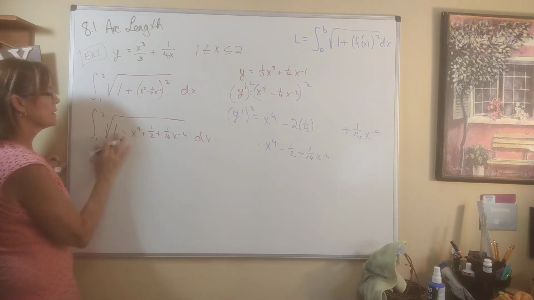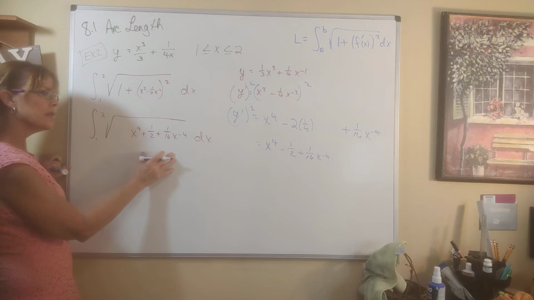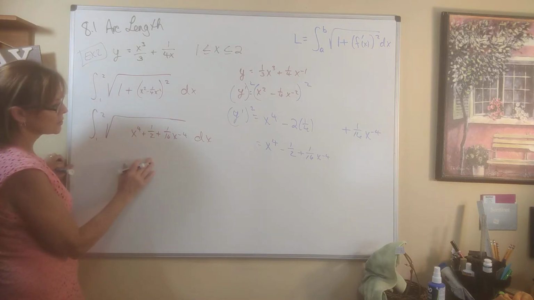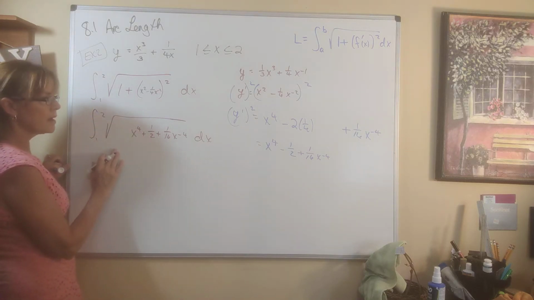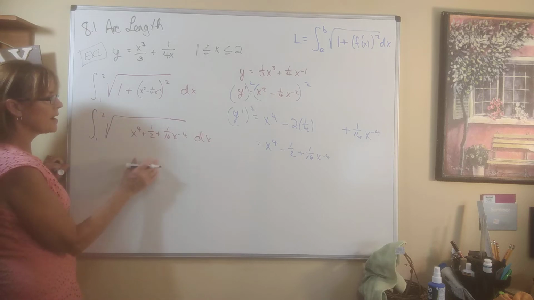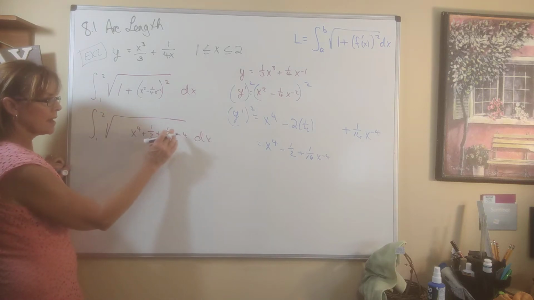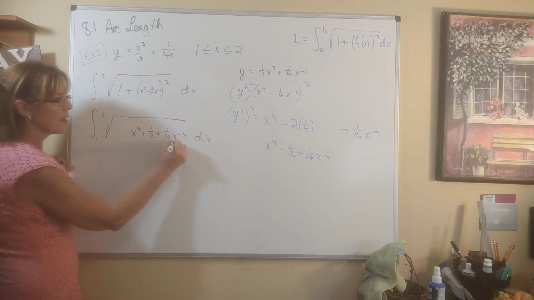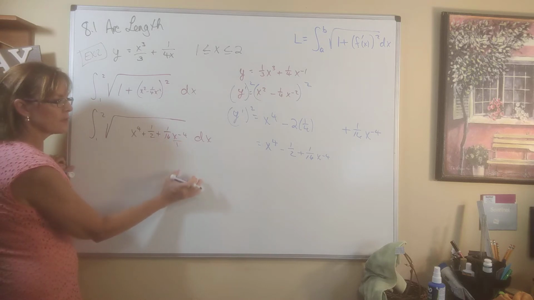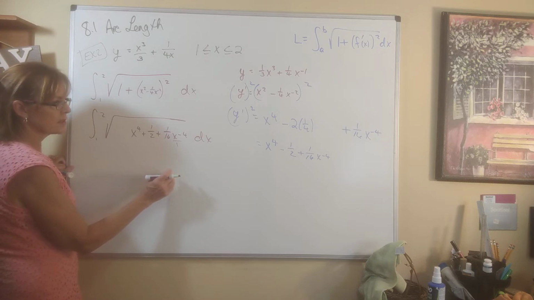So I'm just going to simplify it like that. And then I'm looking at this guy going, I'm not sure what to do here, but when I start looking at this, I might move this x to the negative 4 downstairs and rewrite this as 1 over 16x to the positive 4.